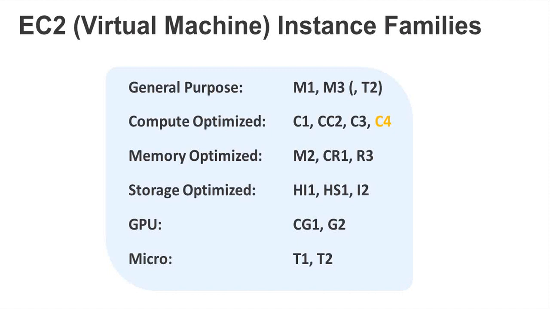Or if you're running very large data warehouses or data sending applications that require a lot of storage, you may choose the storage optimized family, whereby you can attach a great deal of storage to those virtual machines. And again, another option would be the GPU family. If you're doing any graphical processing, image rendering in real time, Bitcoin mining, you may actually have a closer look at the GPU family of instances, as well as the micro family, which are essentially there for experimentation purposes.